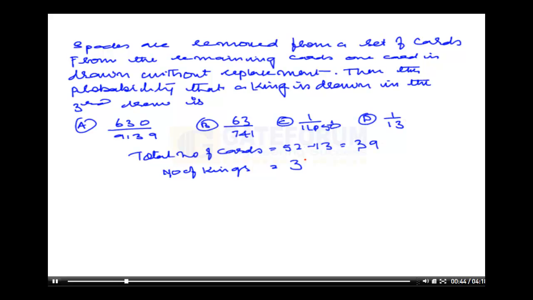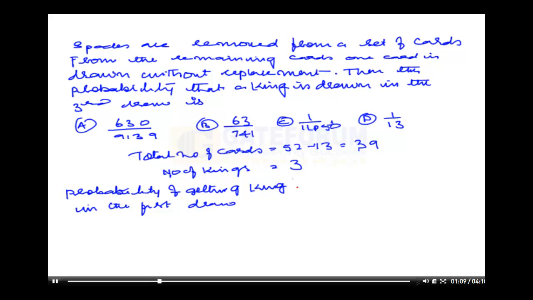So what is the probability of getting a king in the first draw? It is 3 by 39. That means I get 1 by 13.